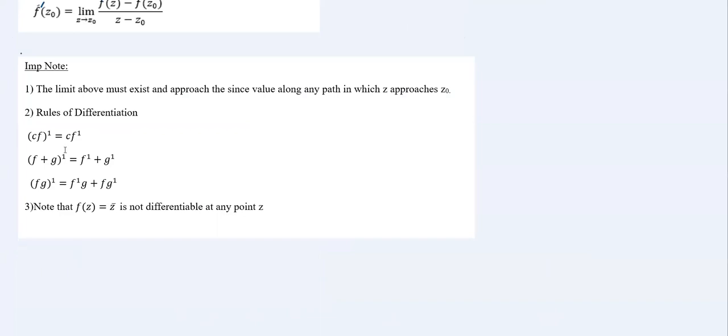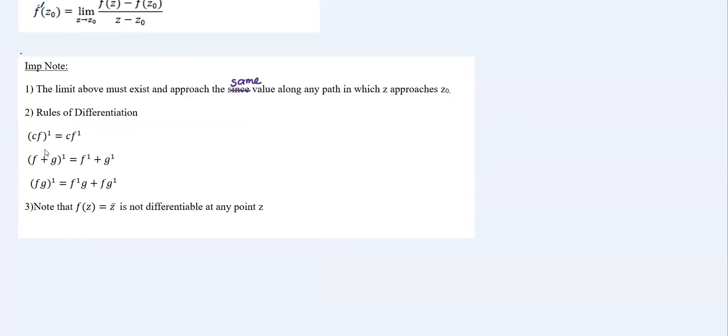So important note, the limit above must exist and approach the same value, the same value along any path in which z approaches z naught.